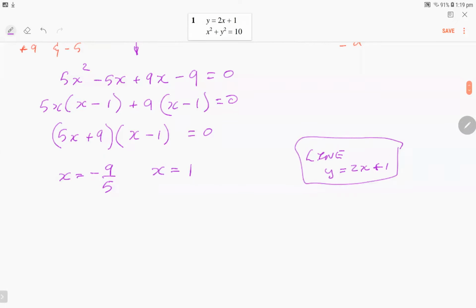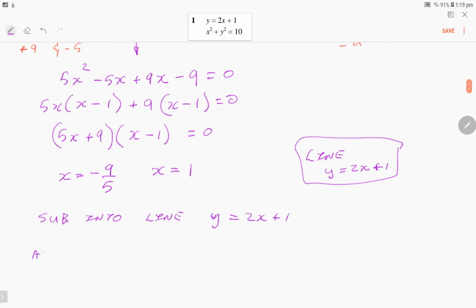I have to find the y value to go with this and the y value to go with that. So what do we do? Substitute these values into the line equation, y equals 2x plus 1.